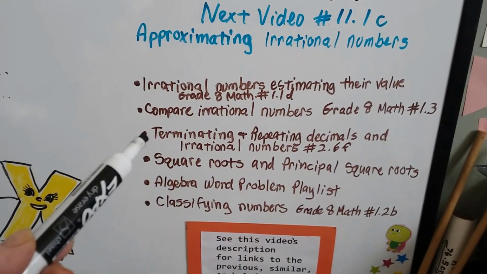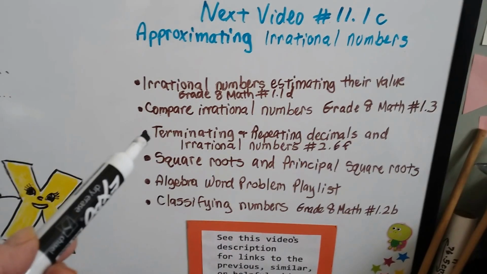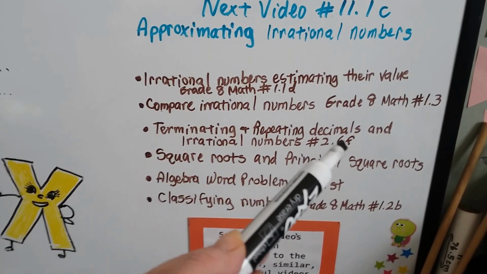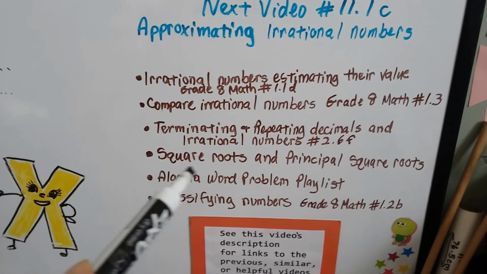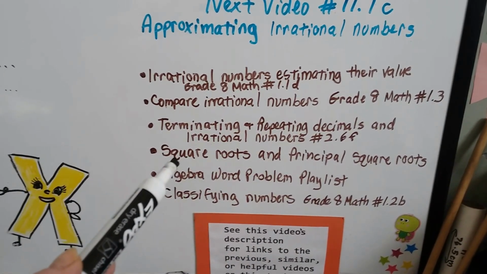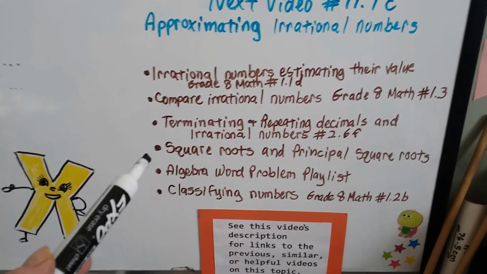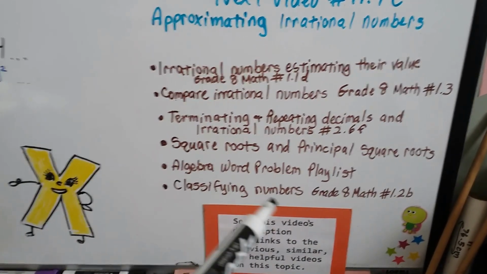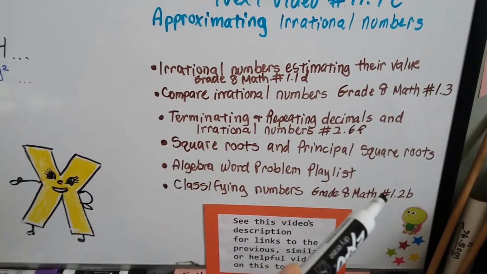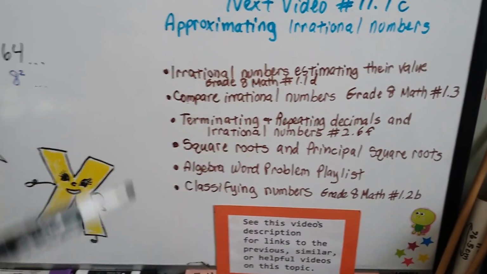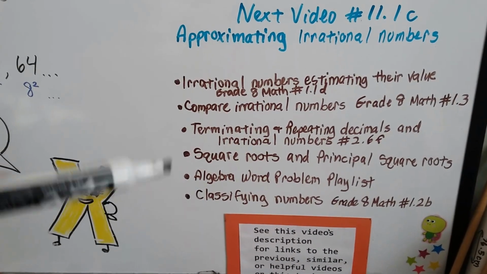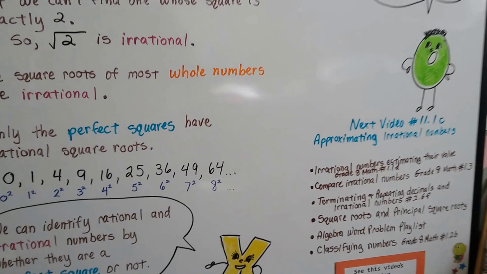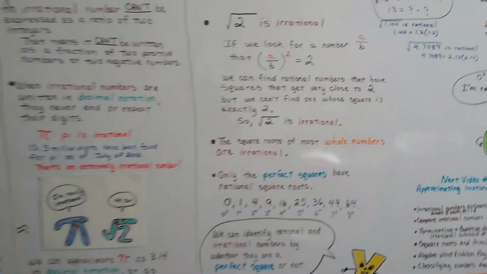And the Algebra I video from this playlist, Terminating and Repeating Decimals and Irrational Numbers, was Chapter 2, 2.6f. And we did our previous video, Square Roots and Principal Square Roots, just before this one. And I'm even going to have one about classifying numbers with sets and subsets of numbers, from Chapter 1 of Grade 8 Math. The whole Chapter 1 of my Grade 8 Math playlist would be really good to review right now, before we start getting into the radicals and radicands and stuff.